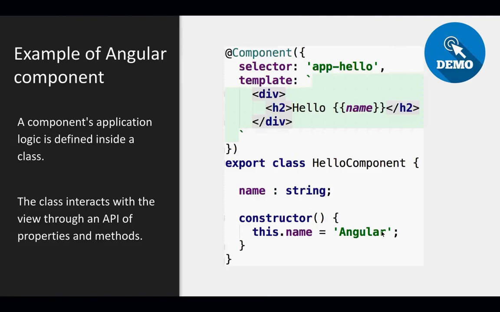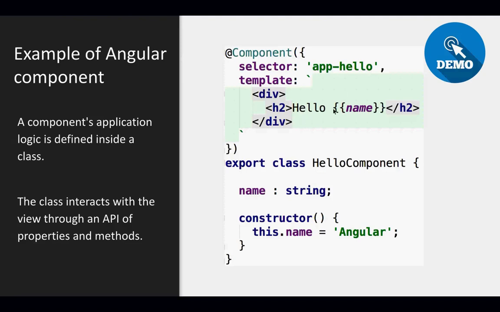In the constructor, I give a value to that property. The selector up here, so this decorator is adding some extra behavior to my component. It's doing two things. Giving a name to the HTML tag, so that's app hello in that case. So if I want to have this component show up on the screen, all I need to do is add this app hello tag in my HTML, and then this is going to show up.